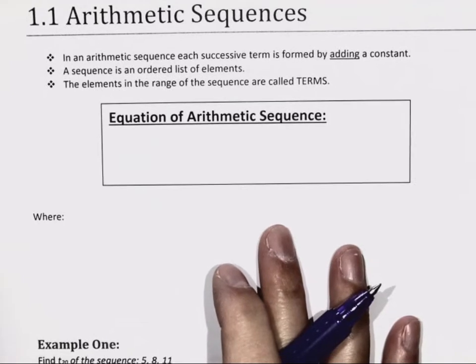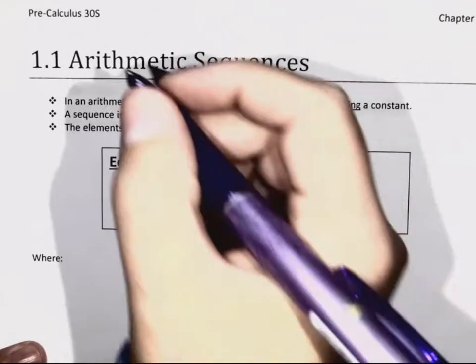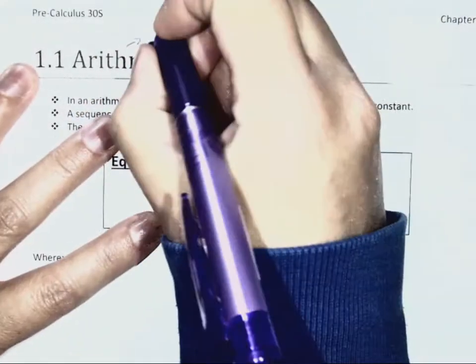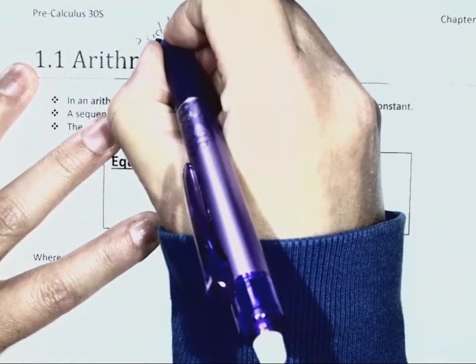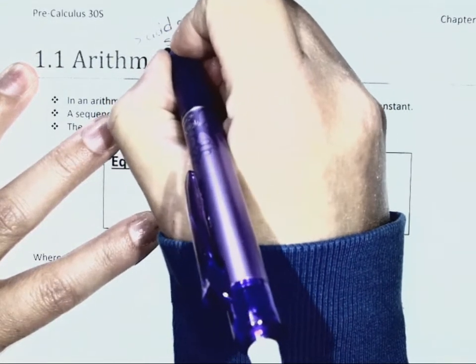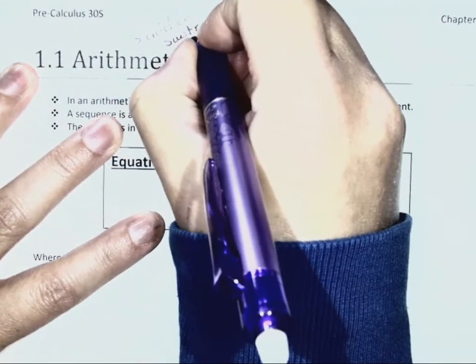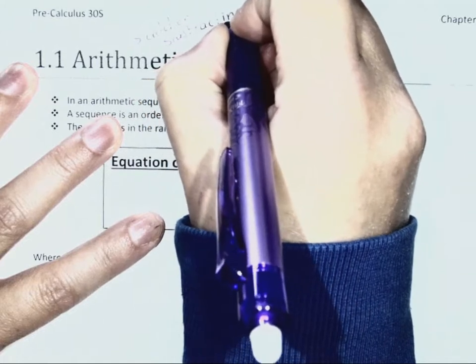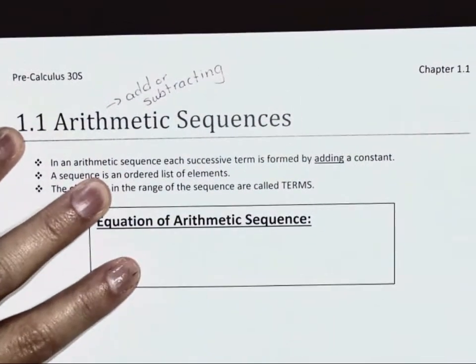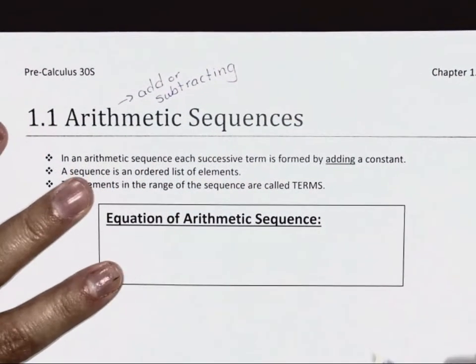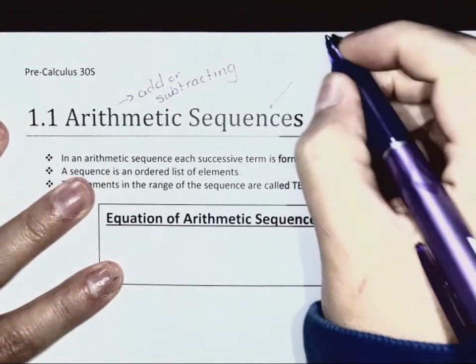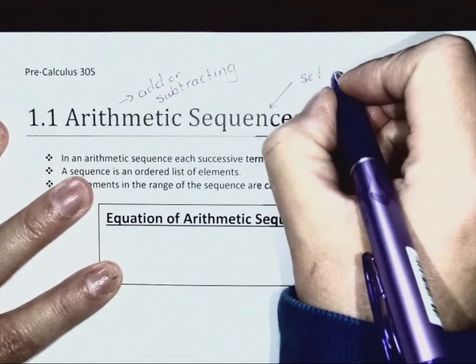Okay, so let's go through this really quickly. Arithmetic means that we are adding or subtracting. And sequence is a set of numbers.